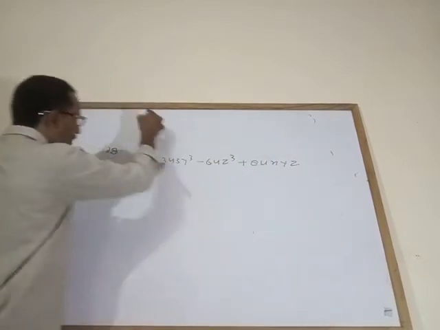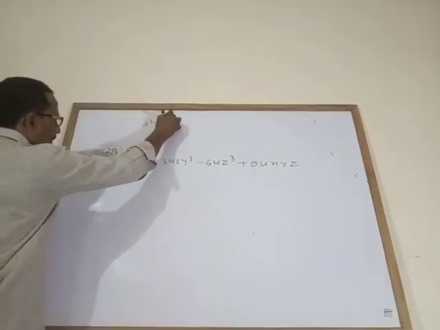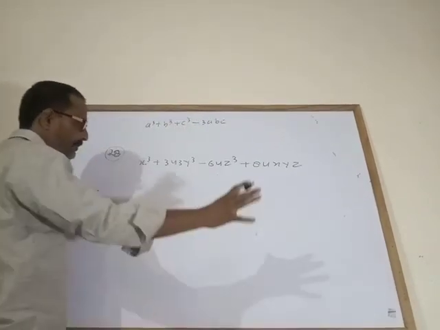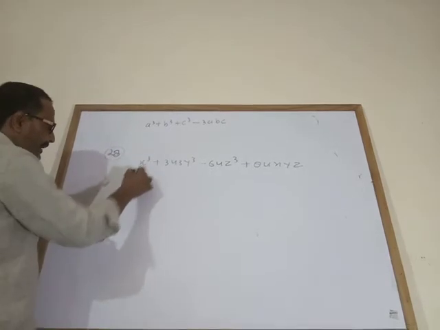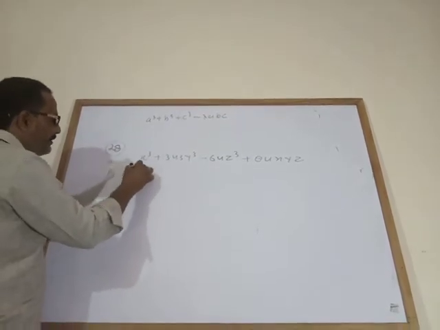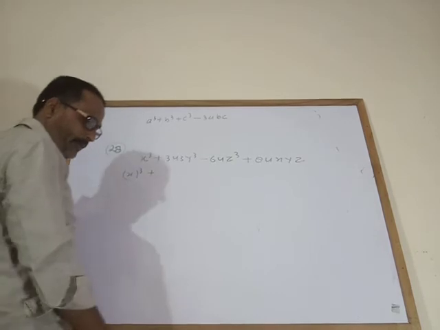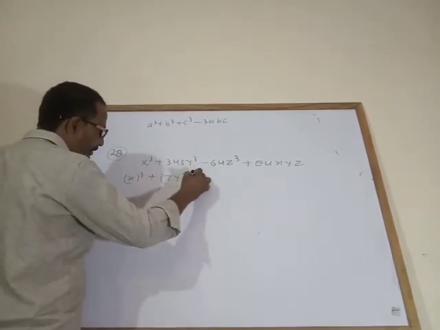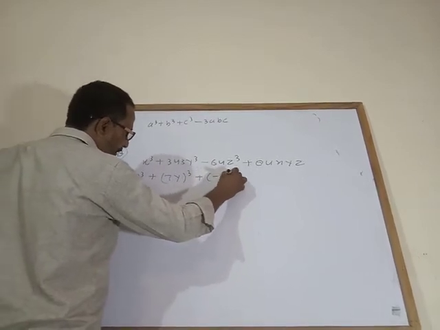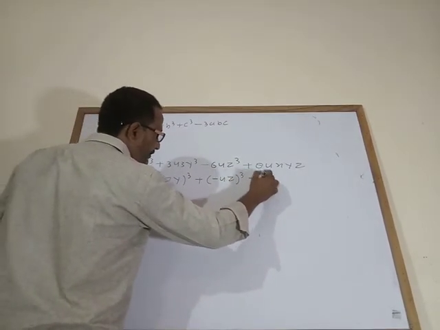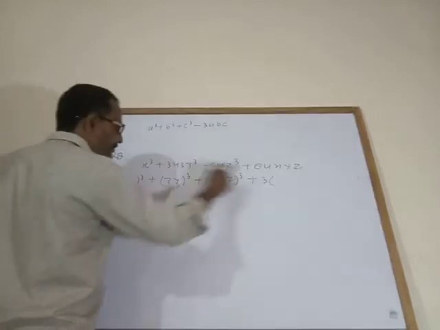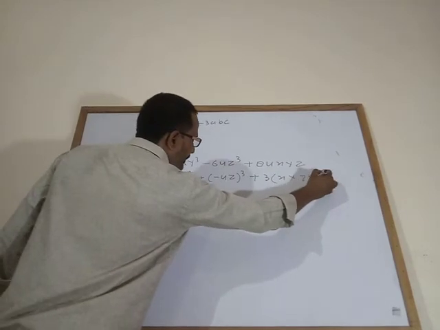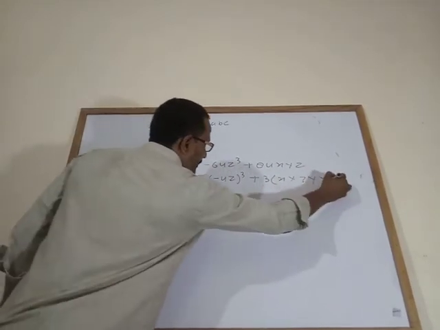Same formula, a cube plus b cube plus c cube minus 3abc, I am going to apply that one. x cube plus 7y cube plus minus 4z cube plus 3 into first term, second term, into third term minus 4z.